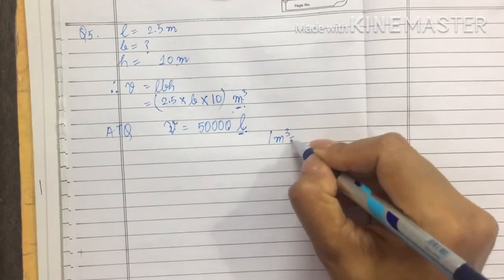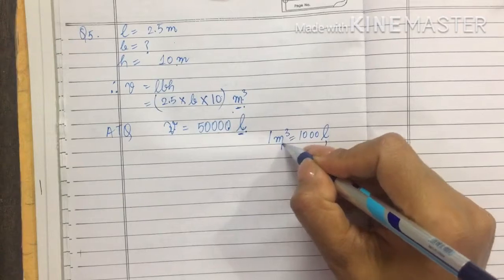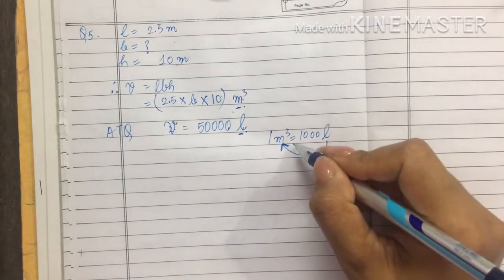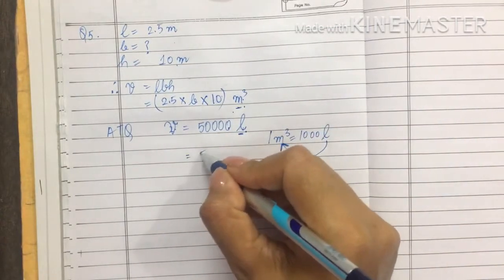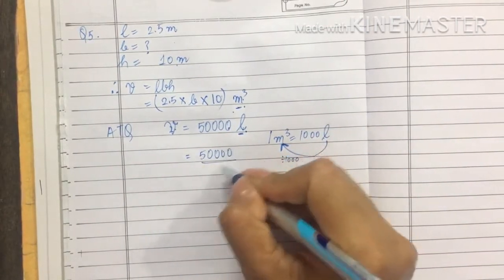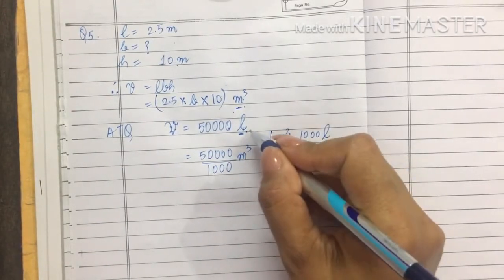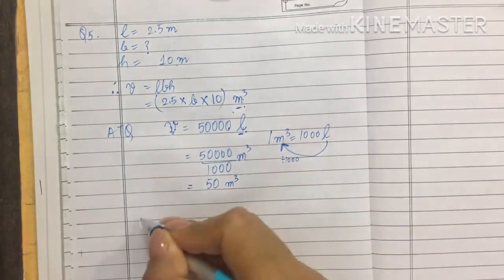We know 1 meter cube is equal to 1000 liters. If you want to convert liters to meter cube, you divide by 1000. So this will become 50,000 divided by 1000, and once you divide, the volume will be in meter cube. So this comes out to be 50 meter cube.